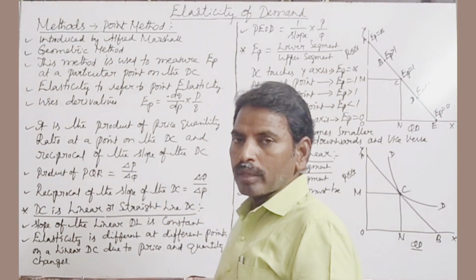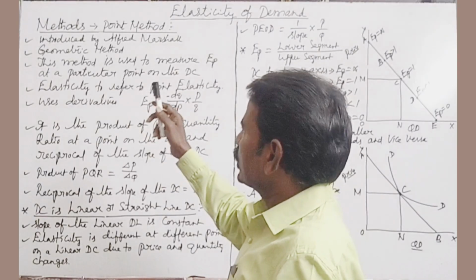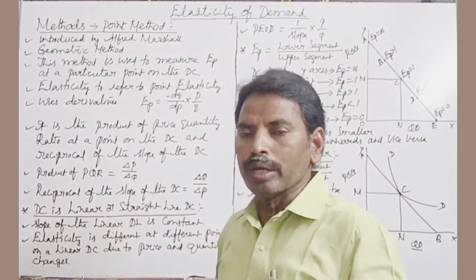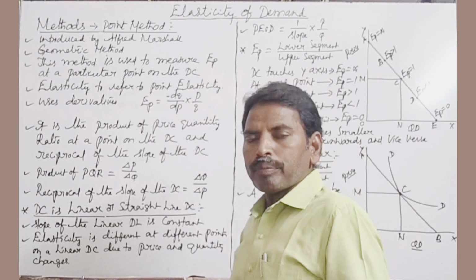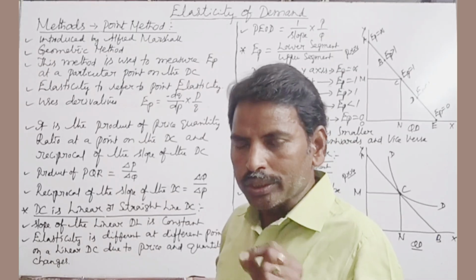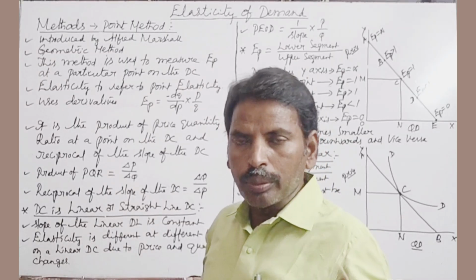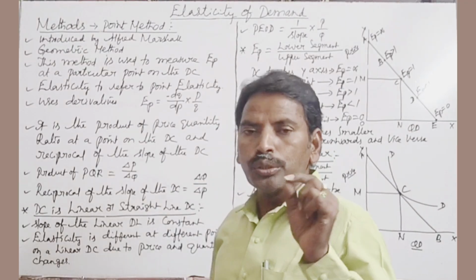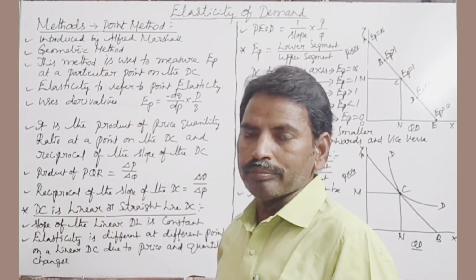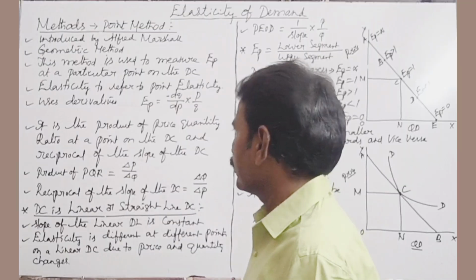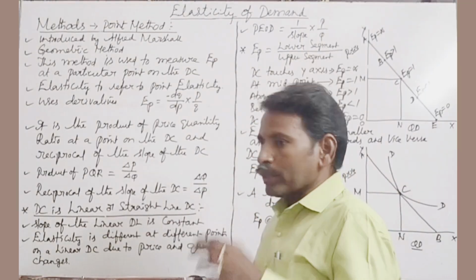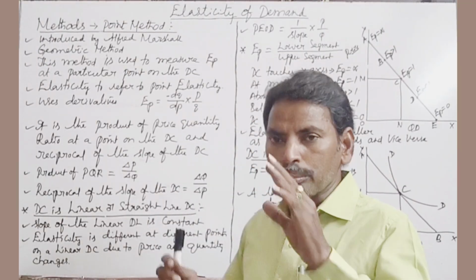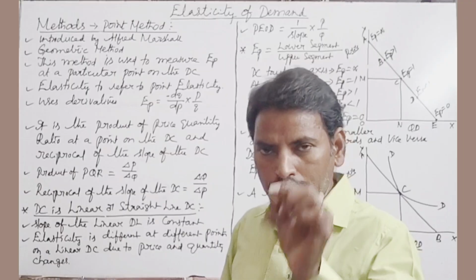Point method. This method was introduced by Alfred Marshall. It is also known as the geometric method.